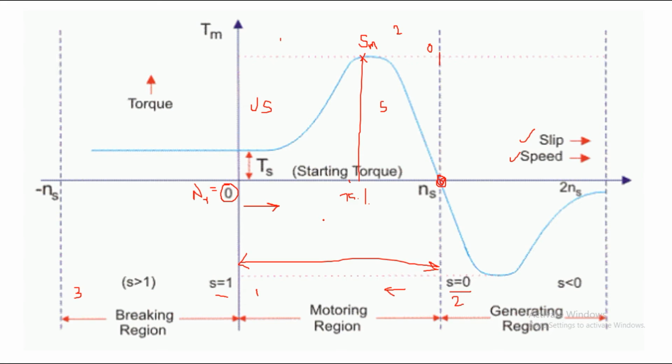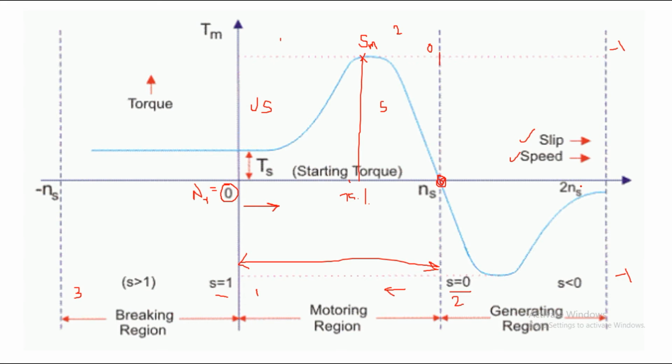Now we'll move on to the generating region, and we know that in the generating region the slip range is from 0 to -1. Here we are having slip value as 0, and the other end would be the value of -1. And again for generating, we are having two regions, one is stable and another one is unstable.